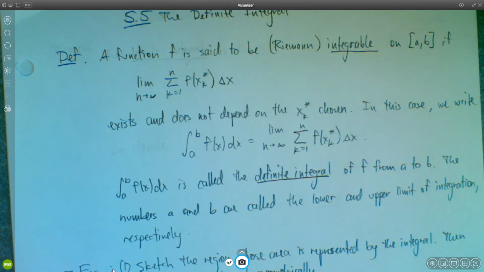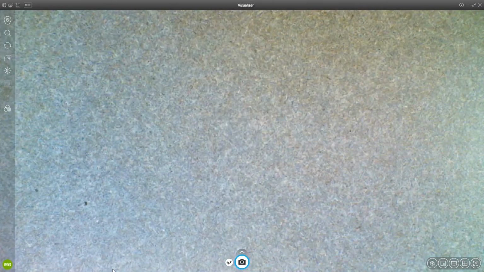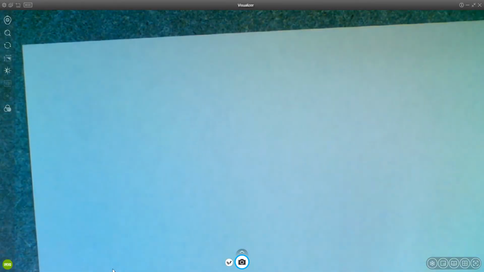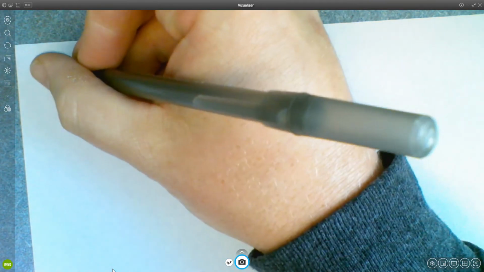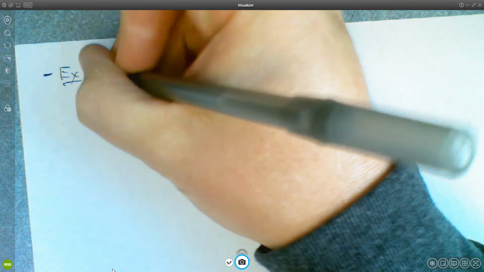This is a really short section, by the way. What I want to do is look at a few examples where we sketch a region and then calculate some areas, using this new notation. So let's get to it.